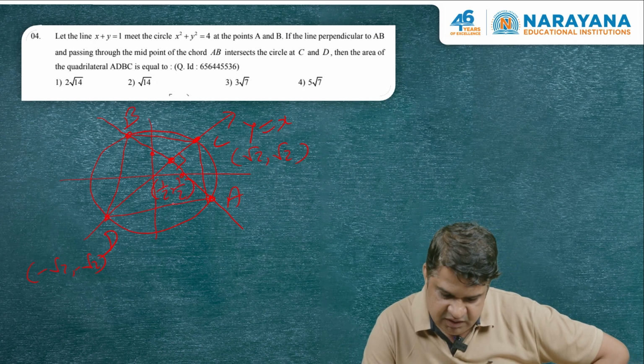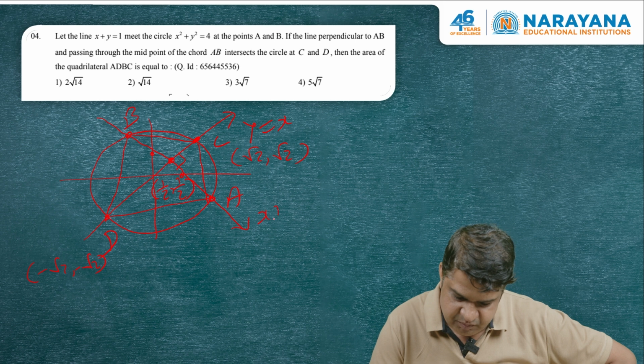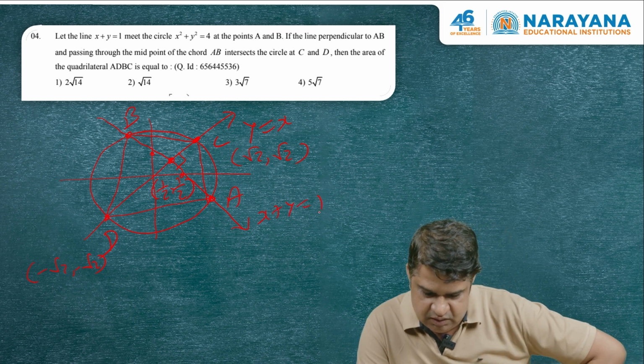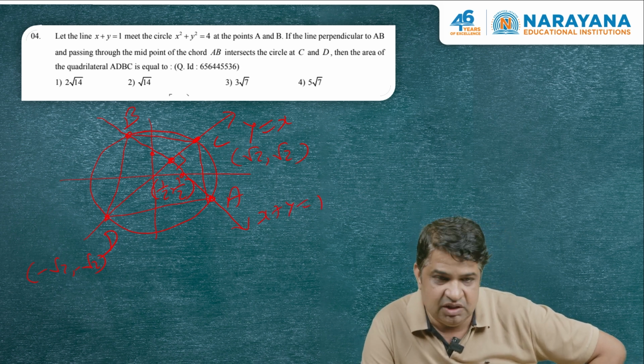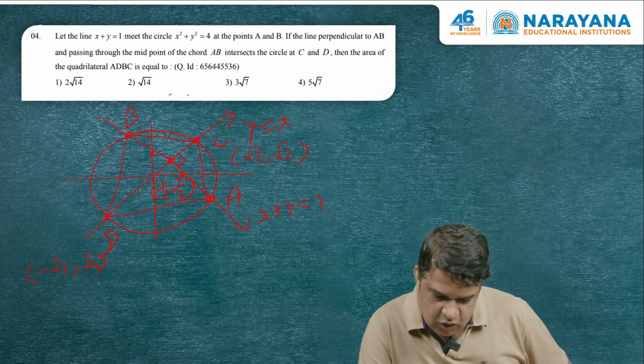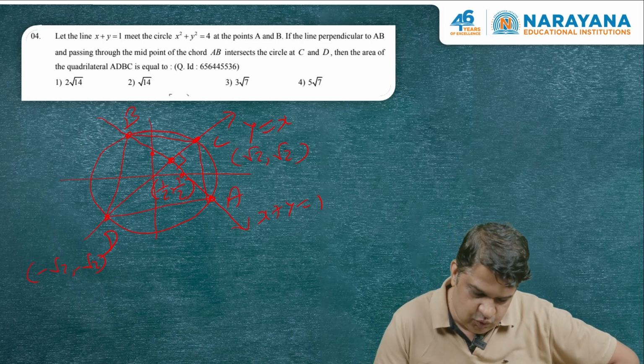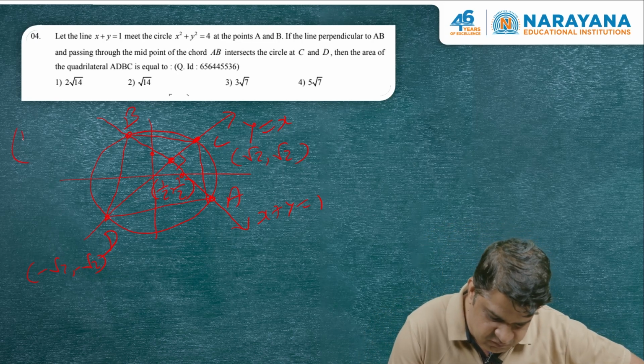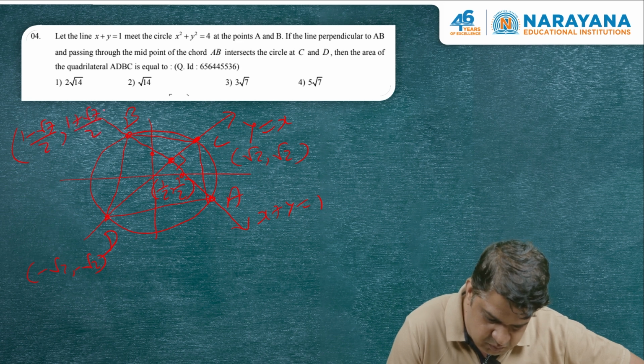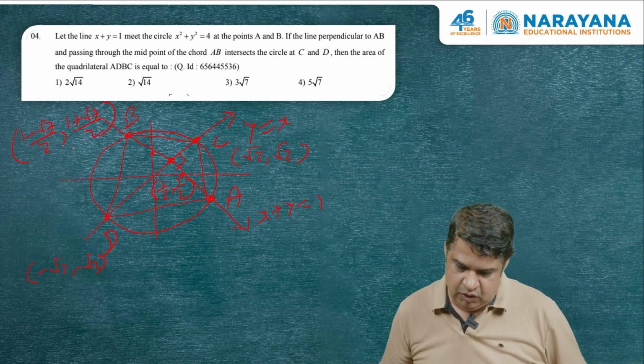After that, solve the line x plus y equal to 1 with the given circle equation. So, we will get coordinates of A and B. Here B coordinates we will get after solving: 1 minus root 7 by 2 comma 1 plus root 7 by 2. Now, what do we need?